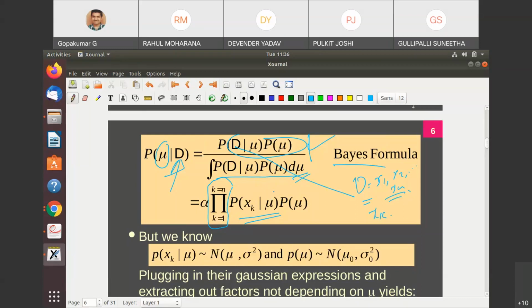Ultimately this equation becomes the product of xk given mu into the probability of mu, with some denominator terms that we represent as alpha, because we are not interested in terms that do not contain mu.